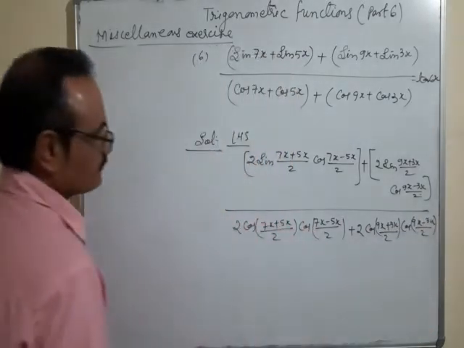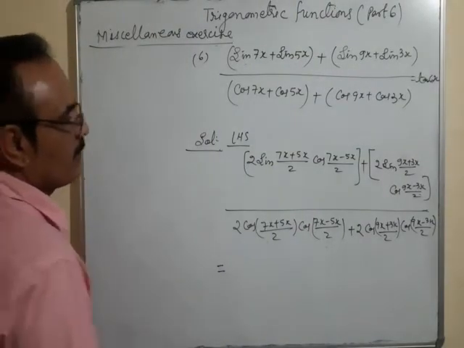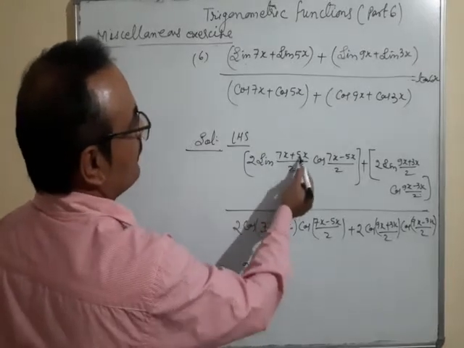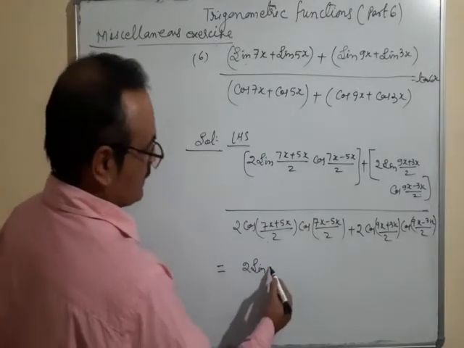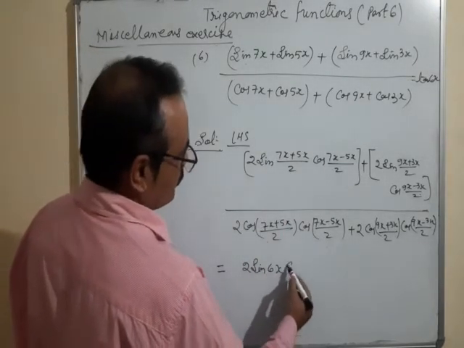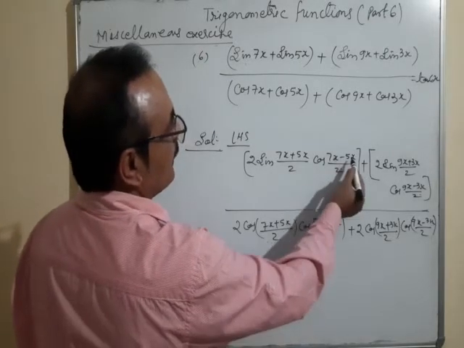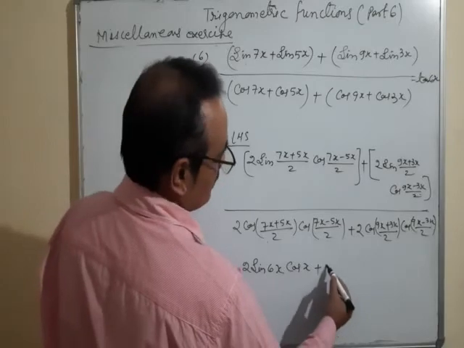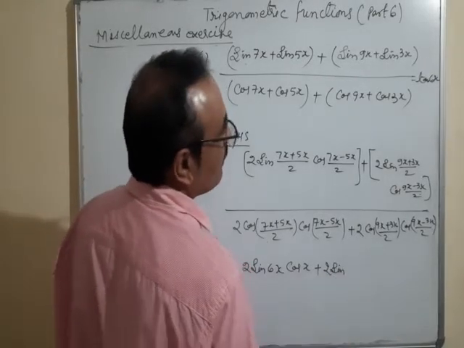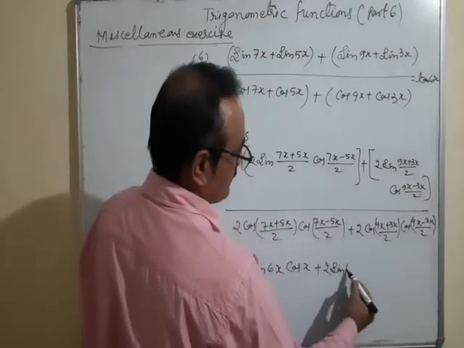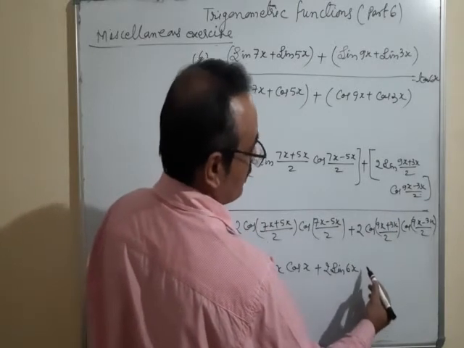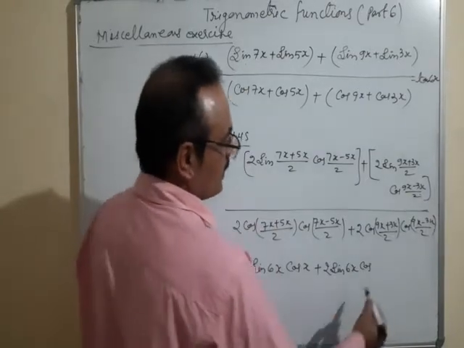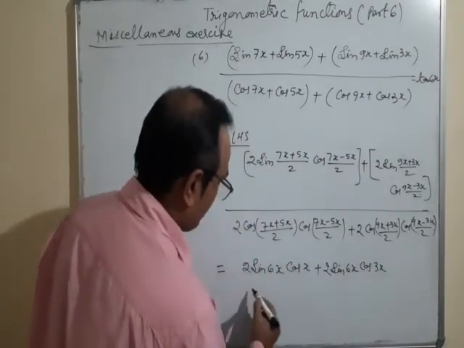So 2 sin, 7 plus 5 is 12x upon 2, that means 6x, into cos of (7x minus 5x is 2x upon 2) x, plus 2 sin 6x into cos of (9x minus 3x is 6x upon 2) 3x.